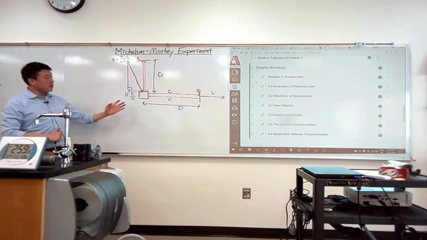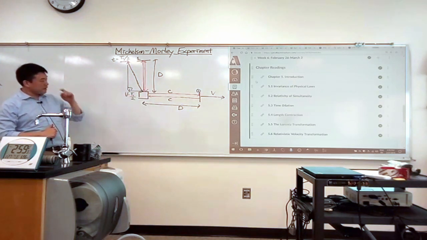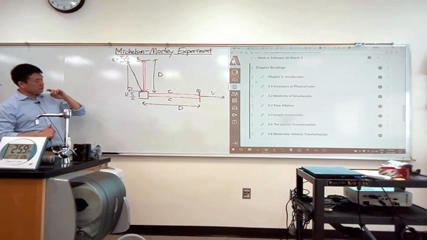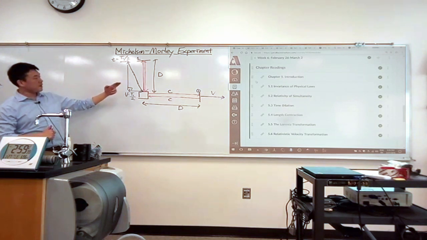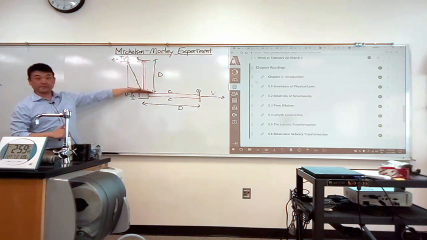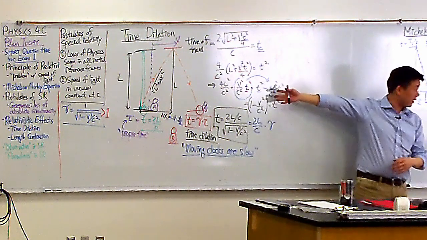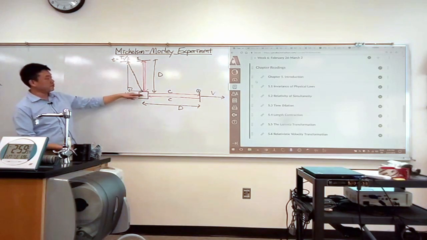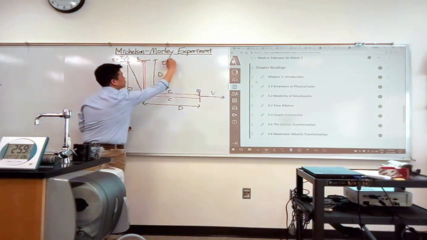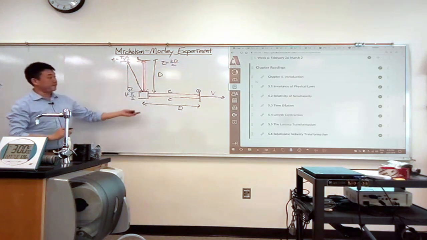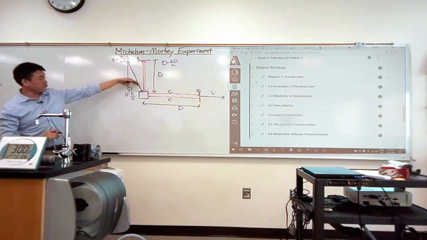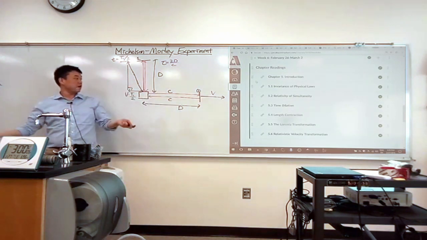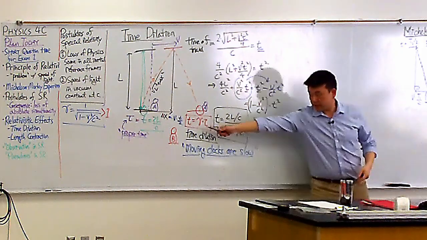Okay. So let's say, and what you will find is, if we simply say that this portion of the arm acts like this clock that we just derived. So if while it's at rest, it took this round trip time of tau is equal to 2d over c, then as this is moving, the round trip time of this will take more time by this factor gamma.